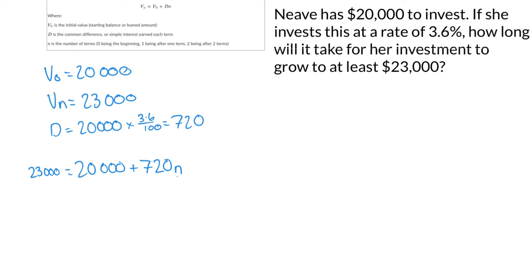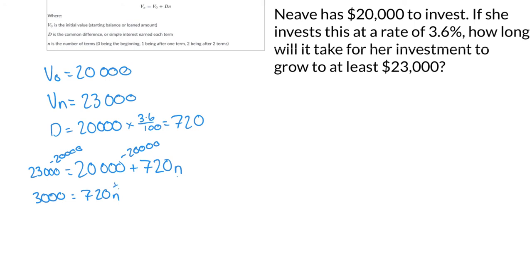And we can rearrange this, or we can use the solve function on our calculator to figure out the value of n. If I was to really quickly solve this, I would minus 20,000 from both sides. So we would have now 3,000 equals 720 multiplied by n.